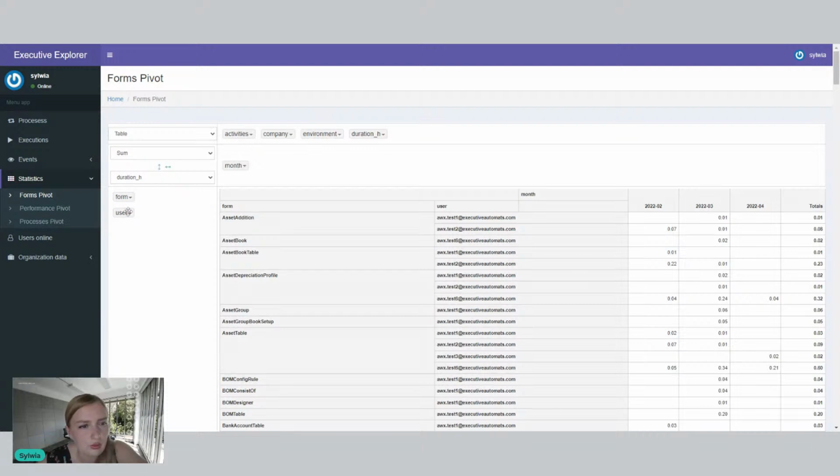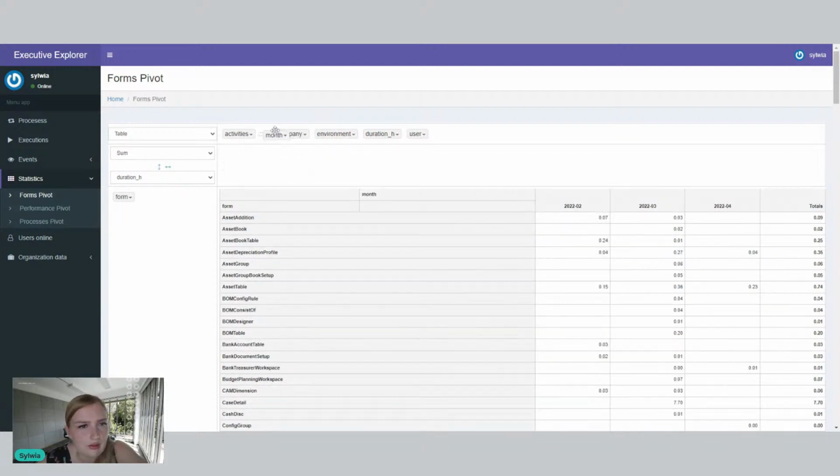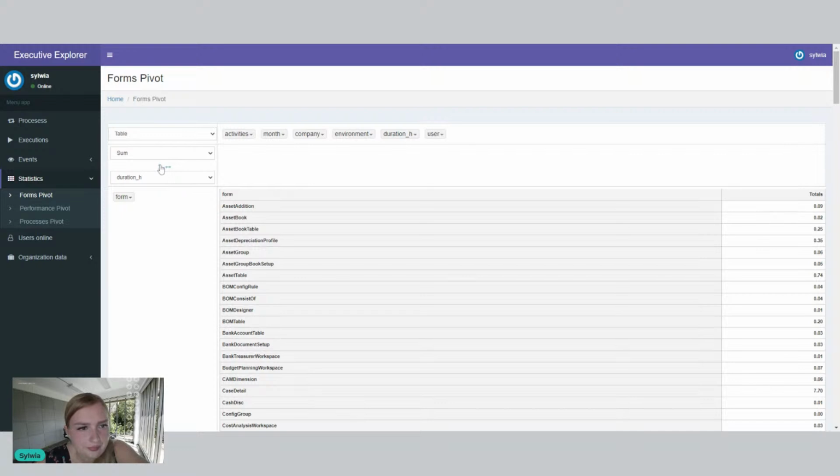You can drag and drop different information to see more data. And this is what I told you. How can you quickly find out which forms are being used and which aren't? Just by sorting information here, you can see that those forms are not being used at all. So during the upgrade of the system, you may decide that you do not want to include them at all.